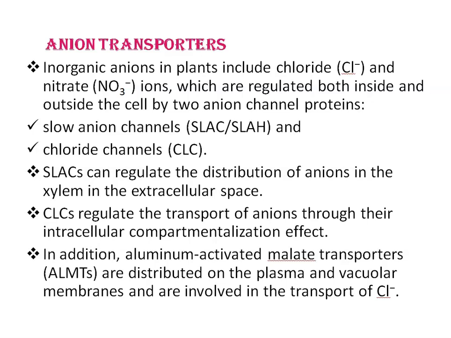SLACs can regulate the distribution of anions in the xylem in the extracellular space. CLCs regulate the transport of anions through their intracellular compartmentalization effect. In addition, aluminium activated malate transporters, ALMTs, are distributed on the plasma and vacuolar membranes and are involved in the transport of chloride ion.